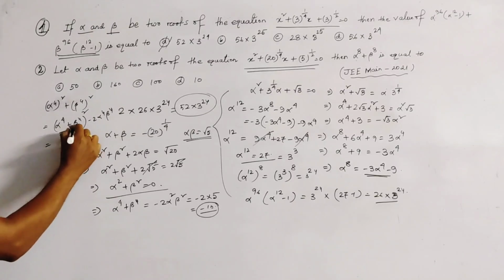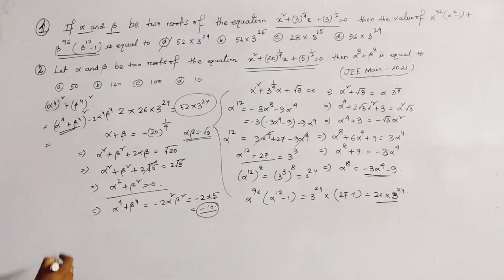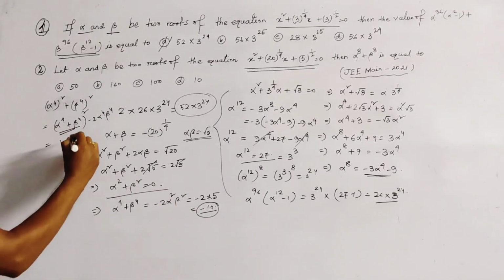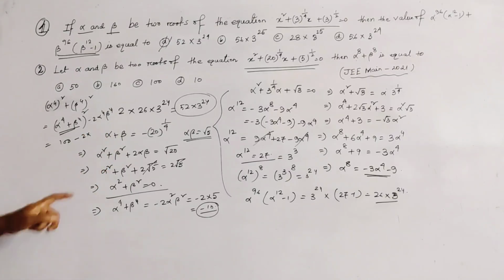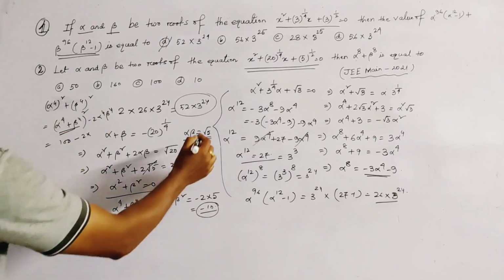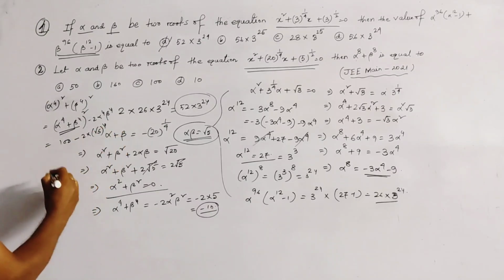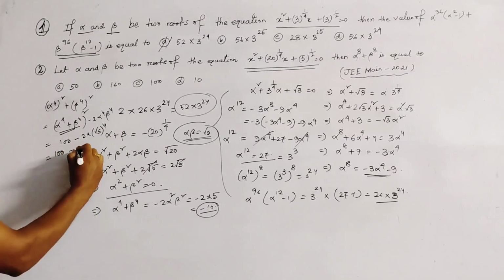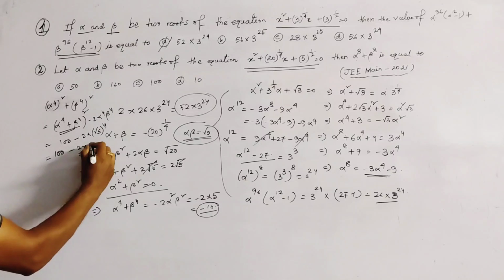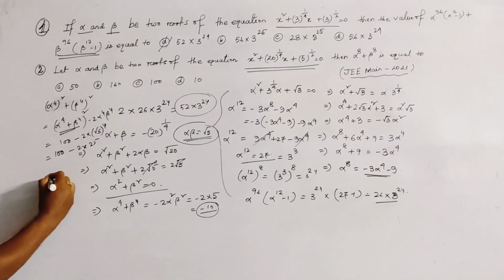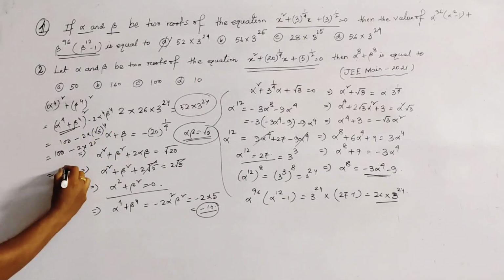From here we already have this value as minus 10, so this is 100, and minus 2 into alpha beta to the power 4, alpha beta is root 5, so root 5 to the power 4 is 25. So 100 minus 50, this is 50.